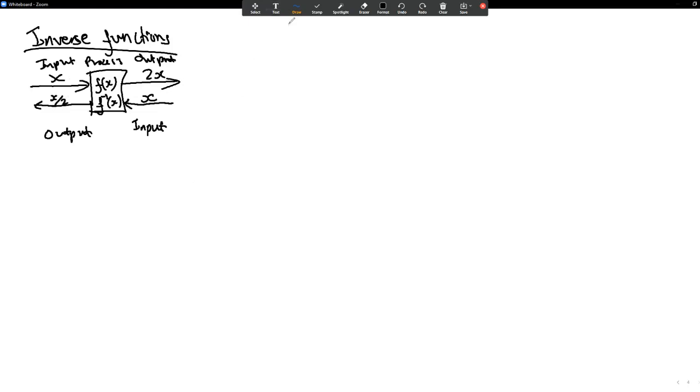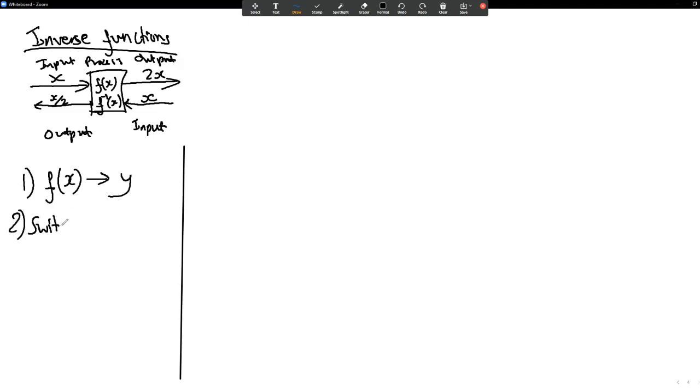Now, the process to actually finding the inverse function involves a few steps. So it involves 4 steps. First off, you need to replace f(x) with y. And then you need to switch x and y. And then you need to make y the subject.